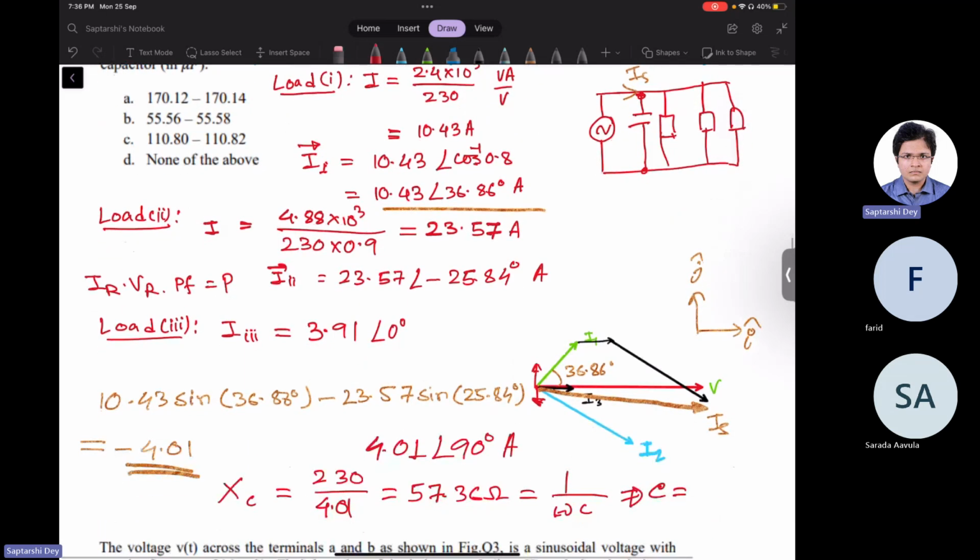This answer inverse into 10 to the power 6 gives some 55 microfarad I would need.